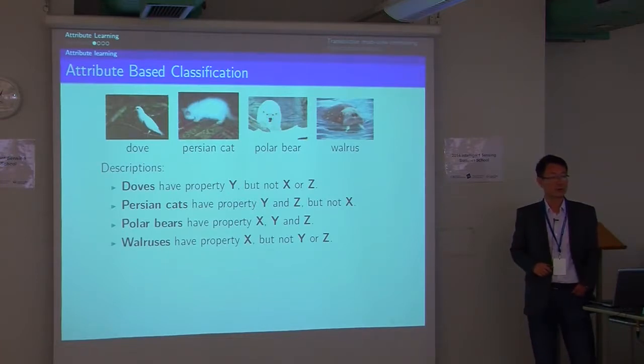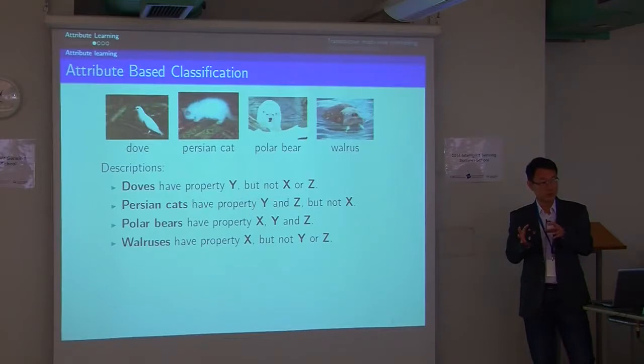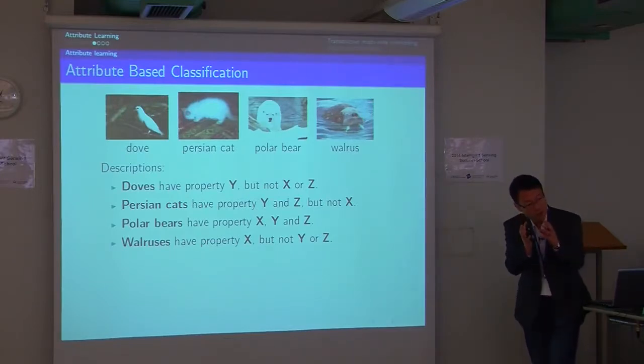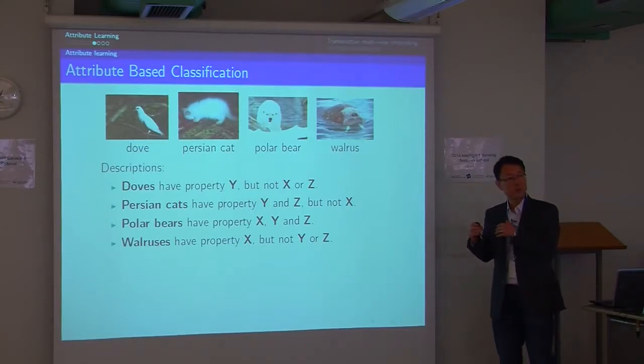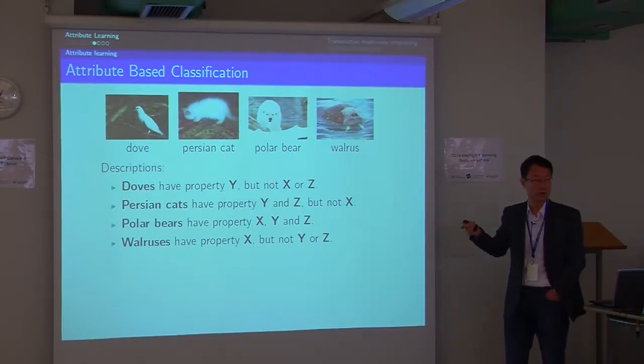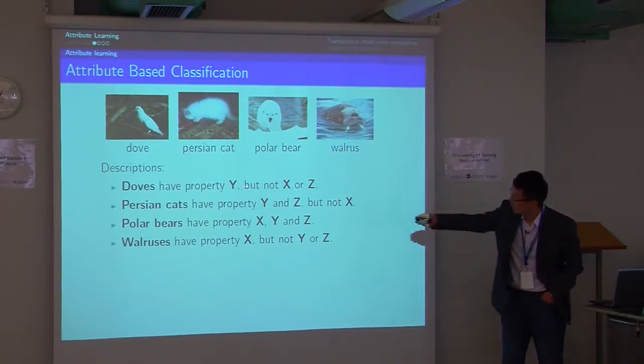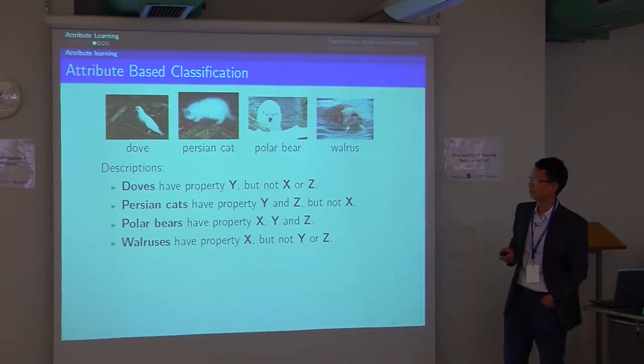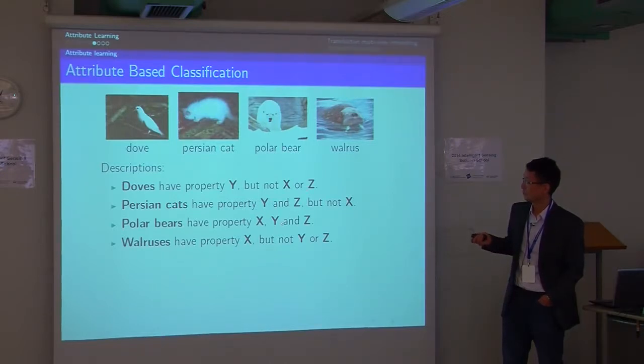Yeah? So now we have some clues. By looking at some images, examples, and some descriptions, we could actually learn a model about what X is, what Y is, and what Z is. So if you look at these 4 animals, who has X? Walrus. So basically polar bear and walrus.